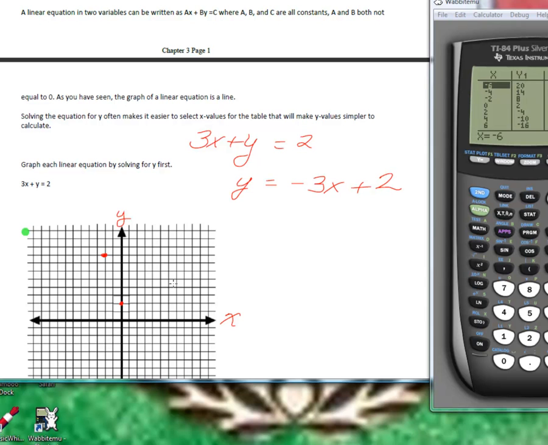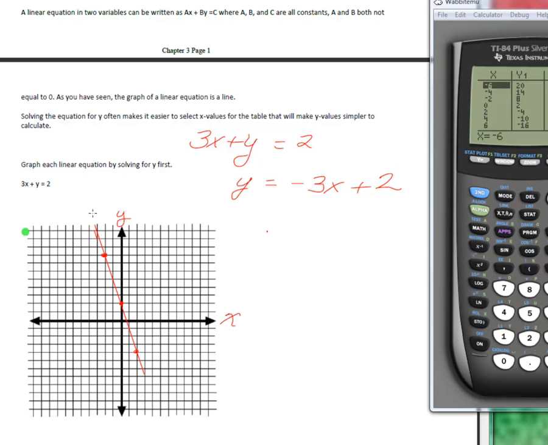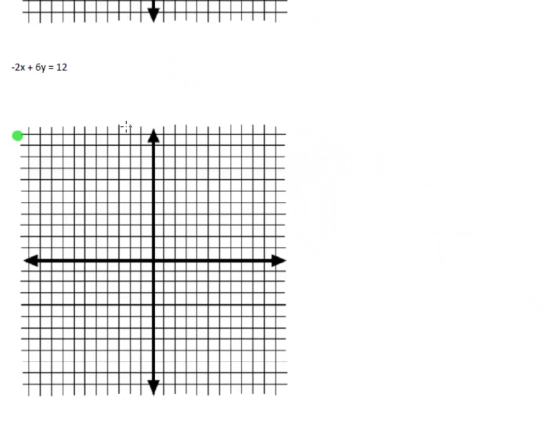So we stay on the y-axis and go up to 2. And our third point that we're going to use is 2, negative 4. So we go right 2 and down 4. And we're going to take those 3 points and join them in a straight line. And there's our line. There's the graph of our linear equation. And you can check this by using your calculator and using that graph button.